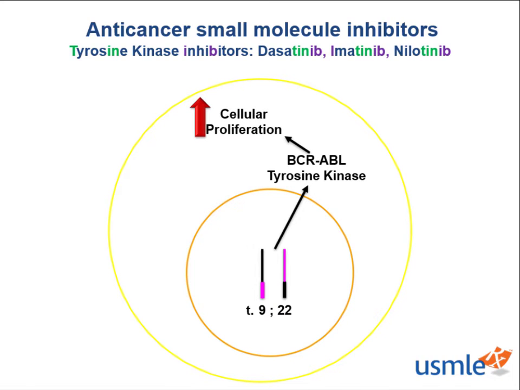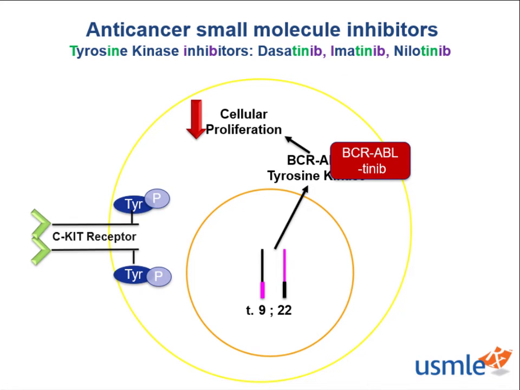We can target this mutant BCR-ABL protein with tyrosine kinase inhibitors, ultimately to decrease cellular proliferation. However, as noted in First Aid, these drugs also target c-KIT. Why is this important? c-KIT is a tyrosine kinase receptor commonly expressed on cells that harbor the BCR-ABL mutation.